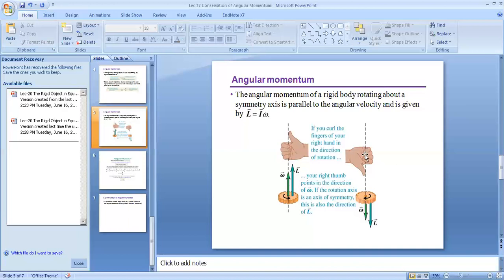In the second case, if there is a clockwise rotation in the rigid object about the axis of rotation, then omega and L, angular velocity and angular momentum, will again be parallel but in the direction of the negative z-axis. This is found with the help of the right hand rule.